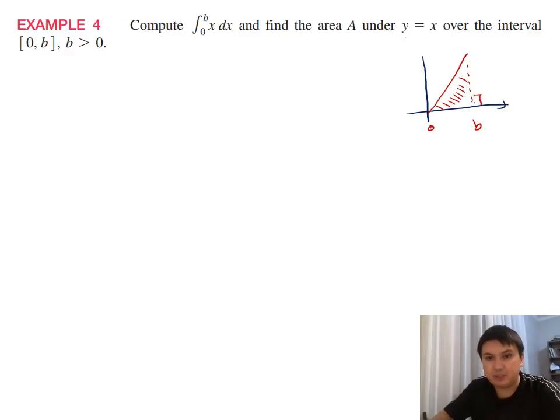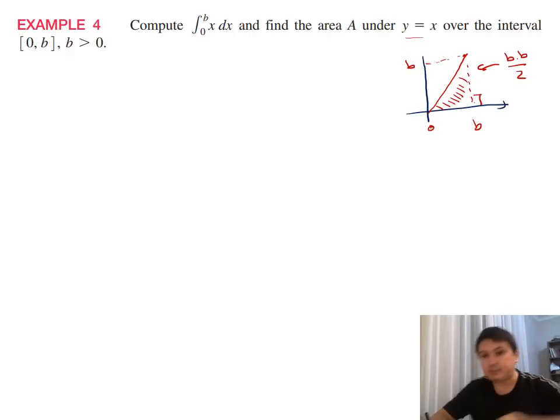Because y is equal to x, the height of the triangle is also b. So what is the area here? If you simply use the geometry, the height is equal to b, the width of the triangle equals b, so the area is b times b divided by 2. It's b squared over 2.